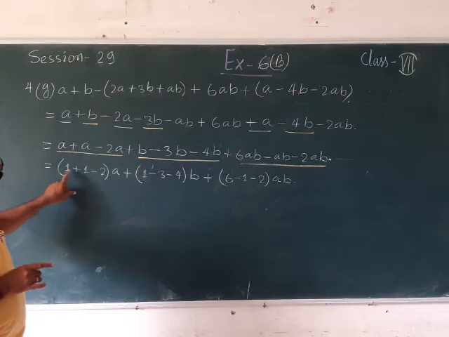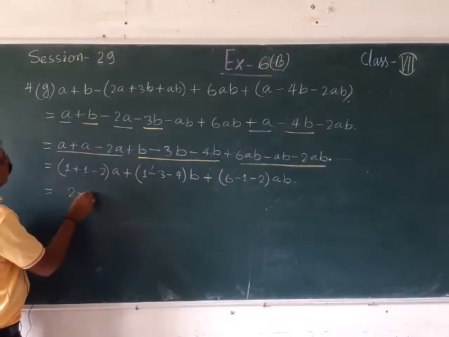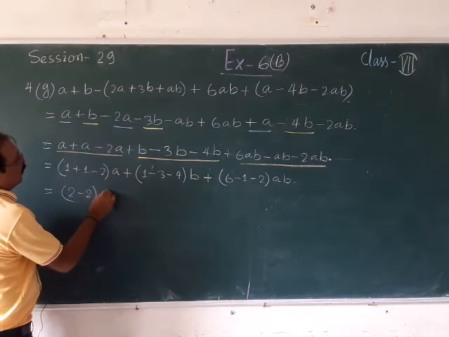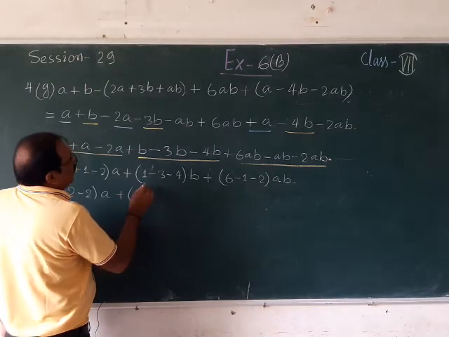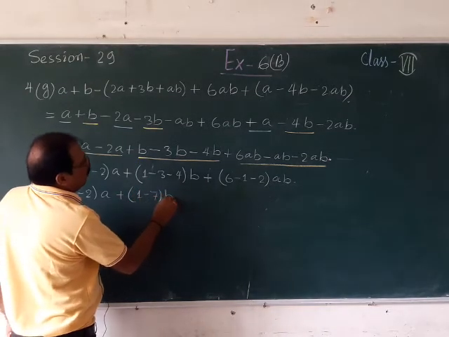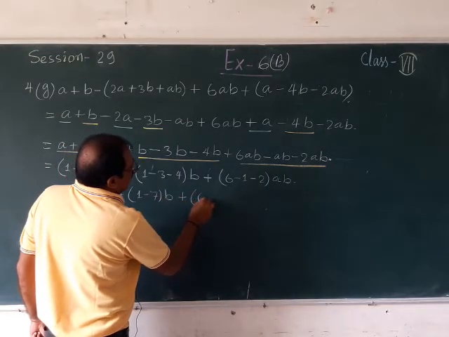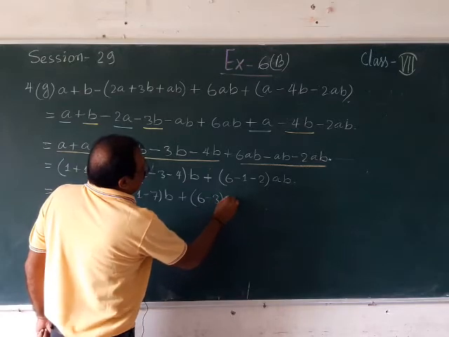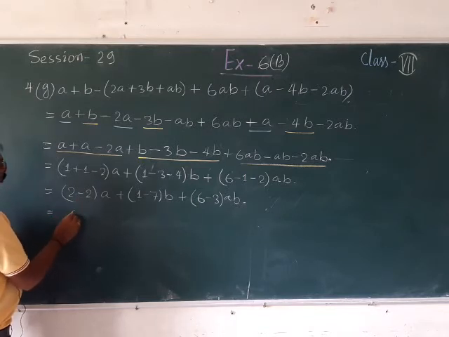Like that you will arrange, then you can see 1 plus 1 becomes 2, then minus 2 a plus, here you can see 1 minus 3 and minus 4 becomes minus 7, plus here I can write 6 minus 3 ab. Like this if you will work, then there will be less chance of mistake. 2 minus 2 is 0.